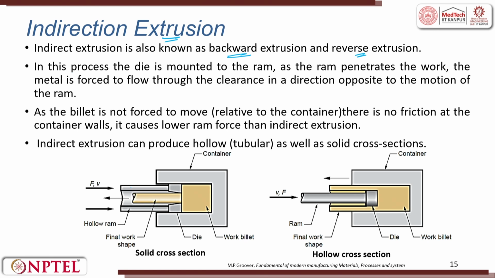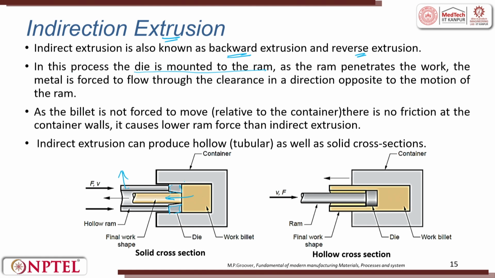This is the ram. This is very important: the die is mounted to the ram and the ram penetrates the work. The metal is forced to flow through the clearance in the direction opposite to the ram motion.